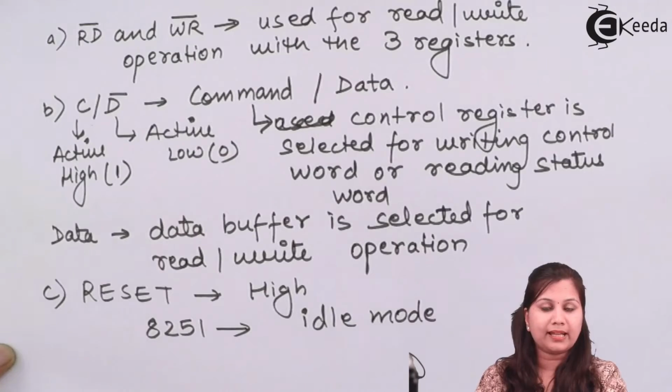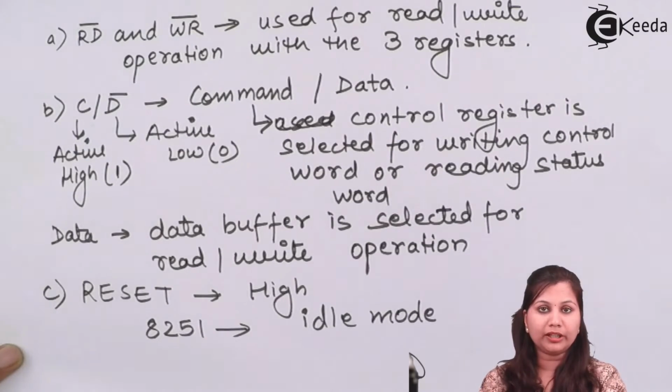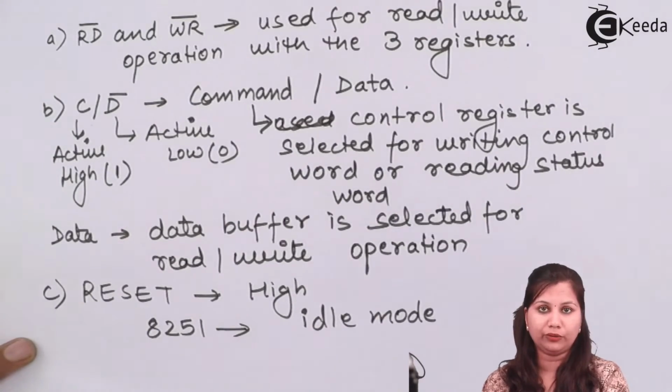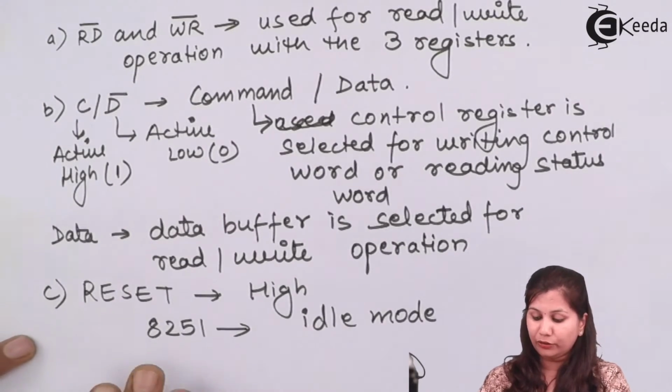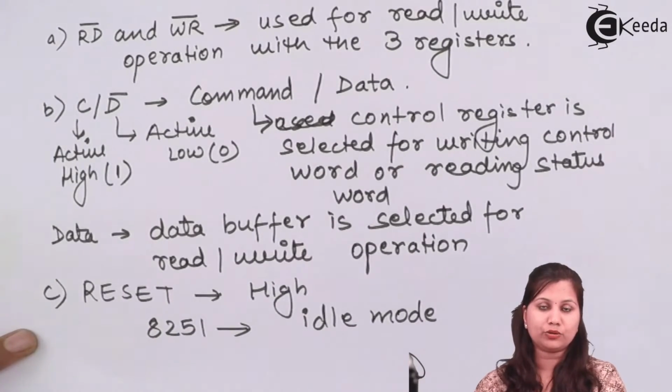Idle mode means that all its operations will be stopped and it is going to come back to its initial conditions. And whatever command word is written by the microprocessor after this reset will be treated as the mode instruction of the 8251. So this reset signal basically resets the 8251.